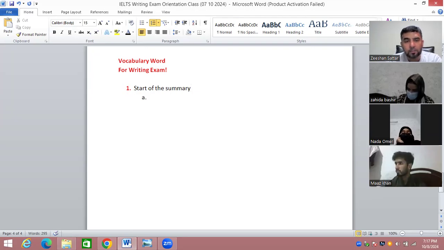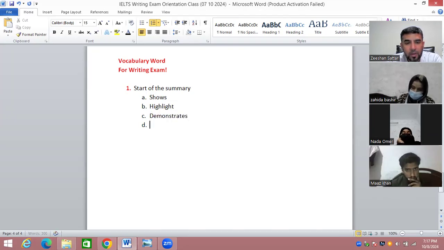For the start of the summary, we can use the picture shows, the picture highlights, the picture demonstrates, the picture depicts, the picture illustrates, the picture expresses, the picture states, the picture cites.